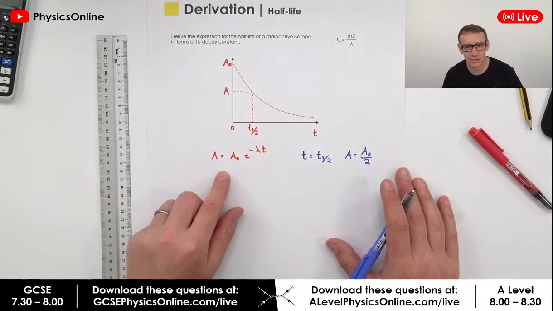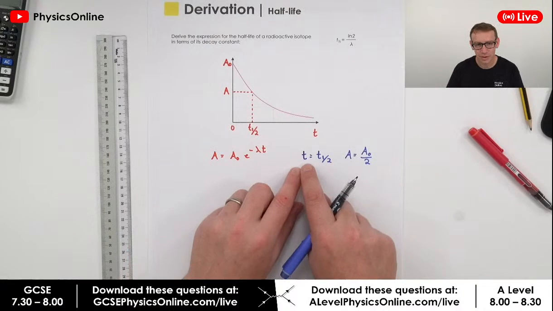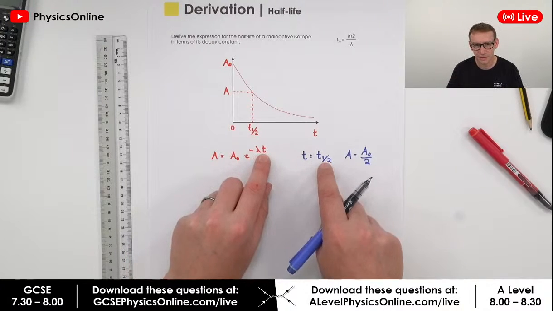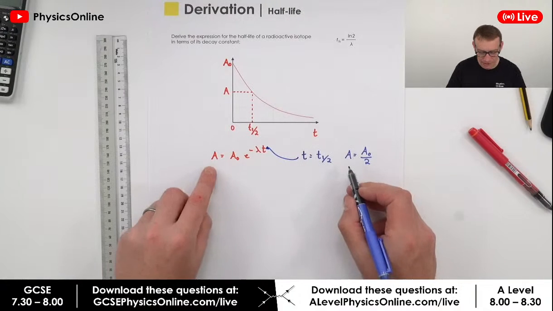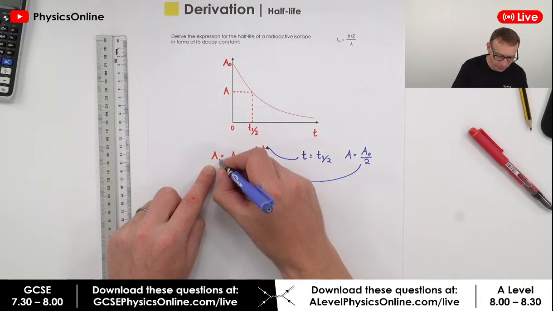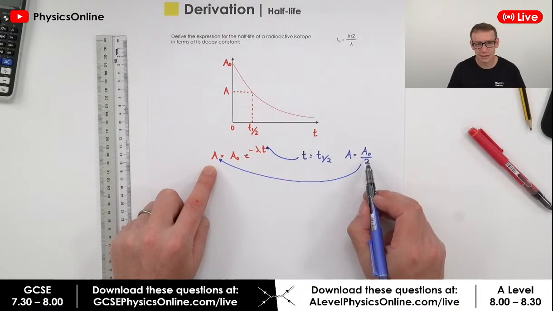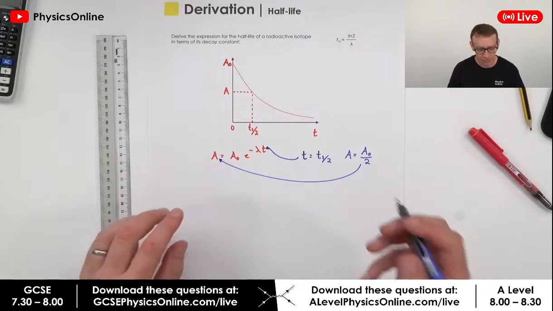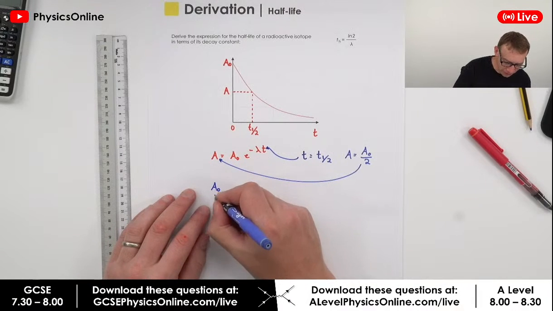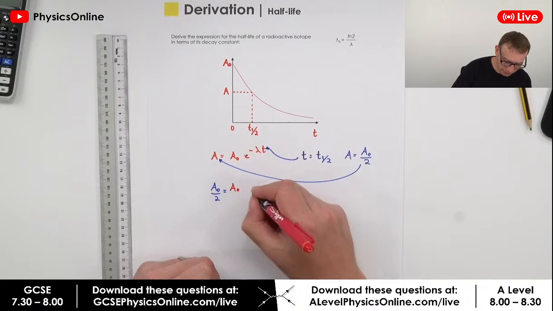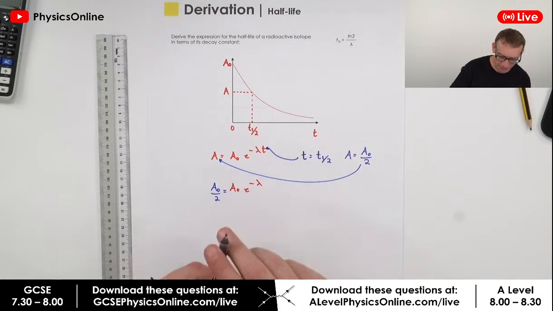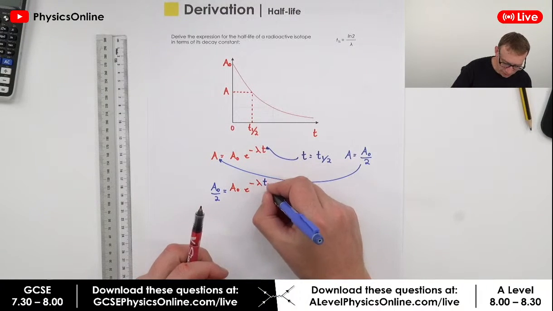So this is the equation that you get given in your data book. We know when the time here is equal to t1/2, then the activity here is going to be equal to the initial activity divided by 2. So I can put these in to say that the initial activity over 2 is equal to A naught e to the minus lambda t1/2.